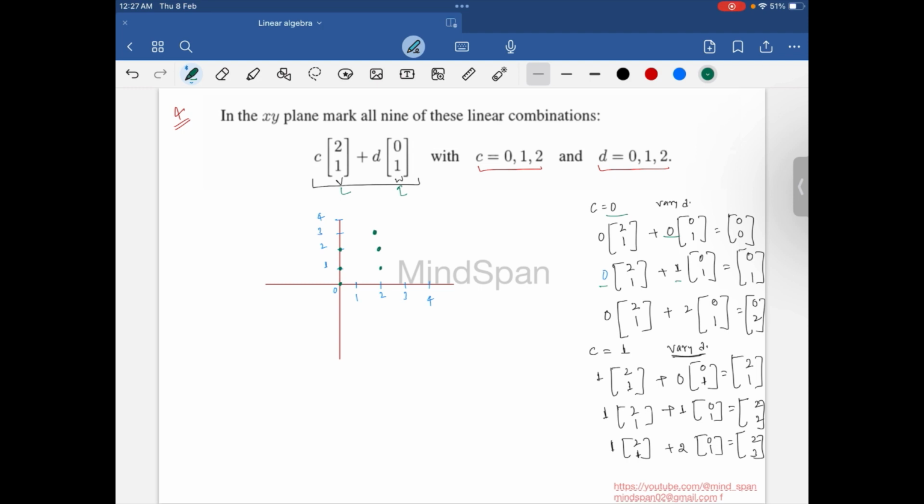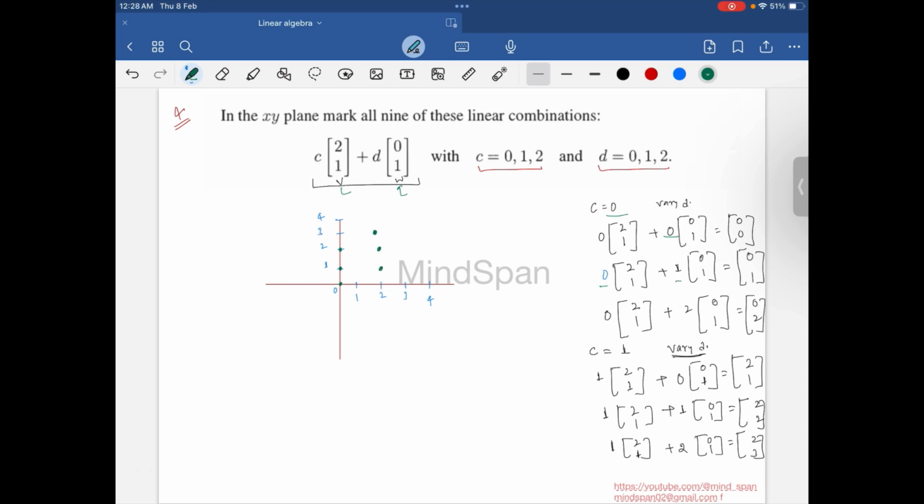You will touch each and every point by choosing the value of c and d. If you want to reach 2 1 1, pick c and d with this value and you will reach that particular point. You may wish to reach any point by choosing the value of c and d, right? Now let's come to our question.